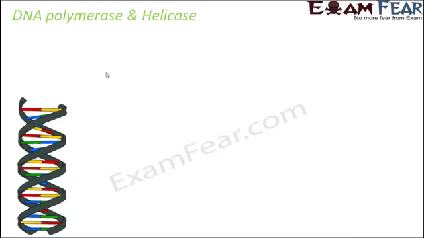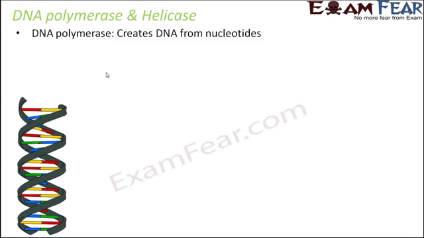First we will talk about DNA polymerase and helicase. As I said, DNA polymerase creates DNA from nucleotides. That is the main purpose, right? In the process of replication, it synthesizes the new strand of DNA from nucleotides. The existing nucleotides will already be there, the template strand.